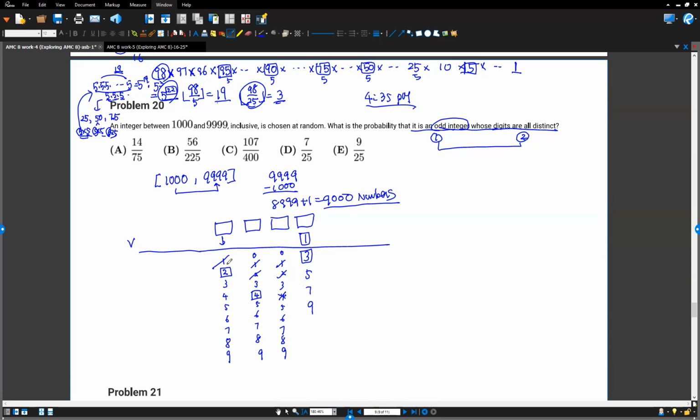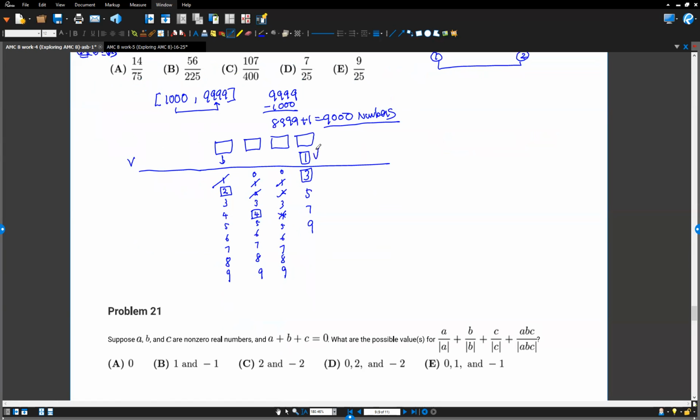So this number is what? Already when you choose 1 over here, that is 8 numbers available. Second is what? 2 numbers are out. 10 numbers minus 2 numbers is what? Still 8 numbers. 1, 2, 3, 4, 5, 6, 7, 8. Okay, still 8. The next one is 7 numbers, isn't it?